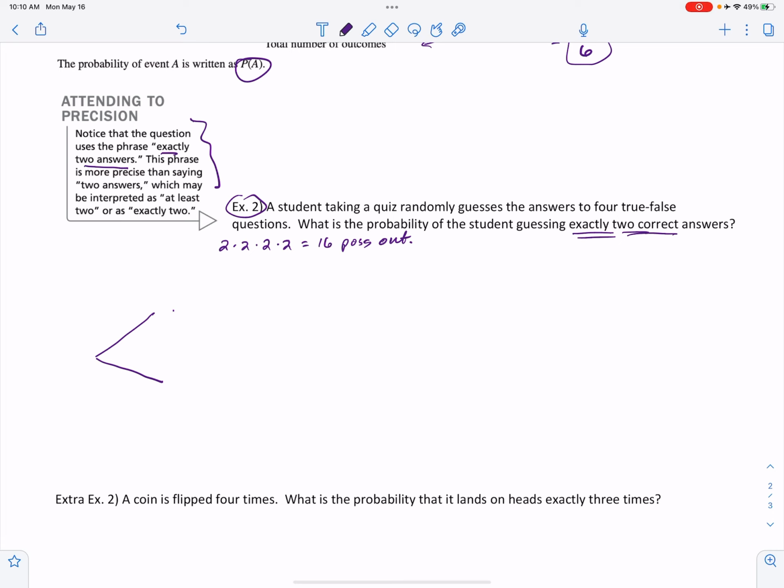I get the correct answer or the incorrect answer. And from that, I get a correct or an incorrect. And from each of those, I get correct or incorrect, and so on, and from each of those again correct or incorrect.